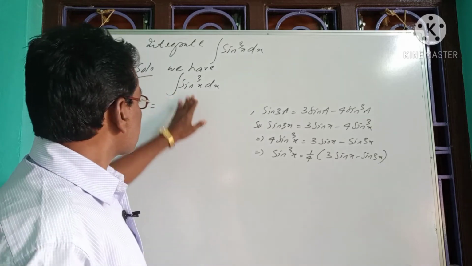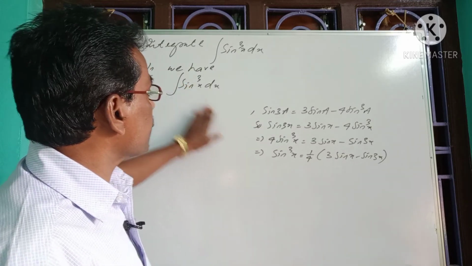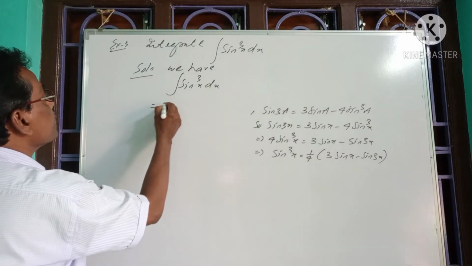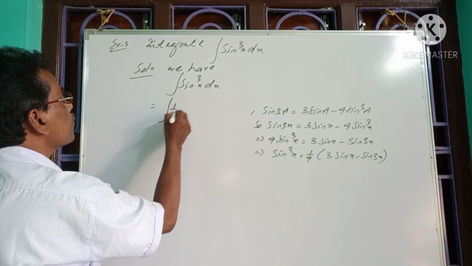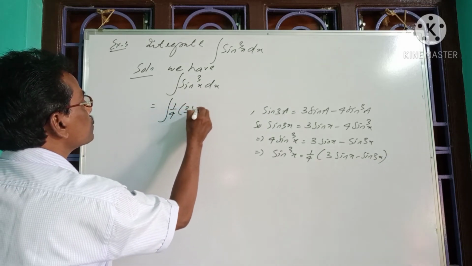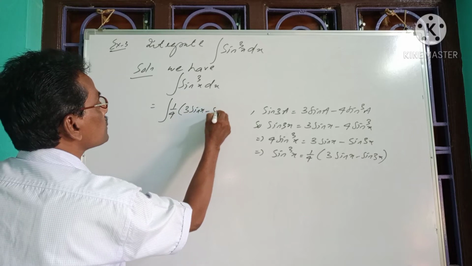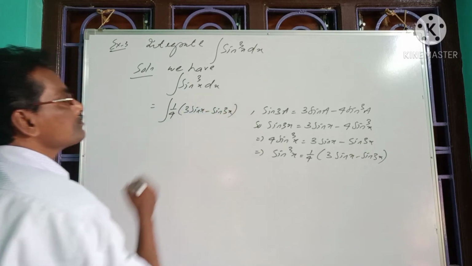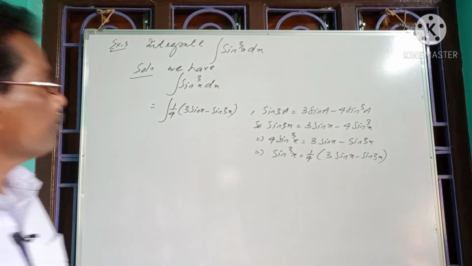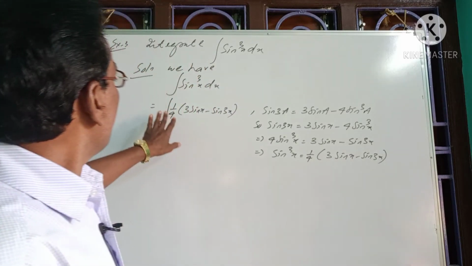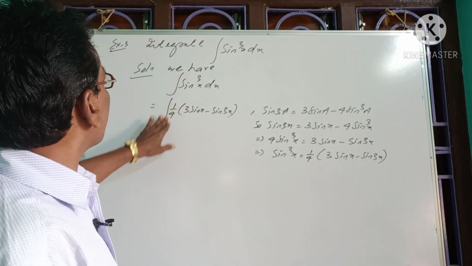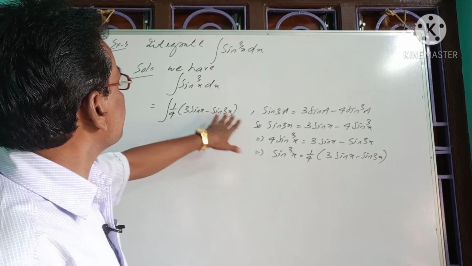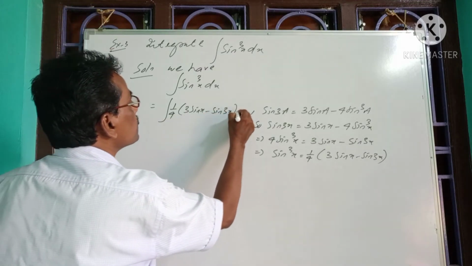So now let us substitute sin cubed x as 1 by 4 into 3 sin x minus sin 3x, whole integration with respect to x.